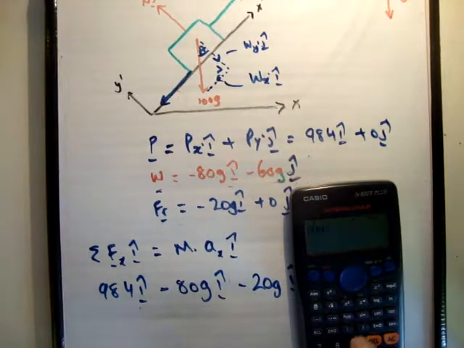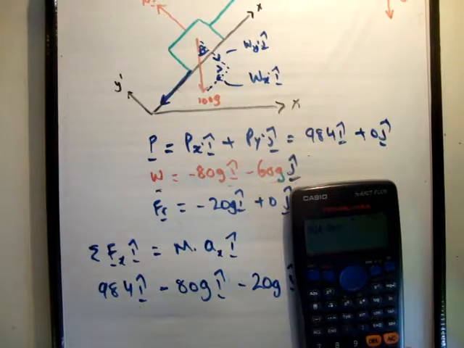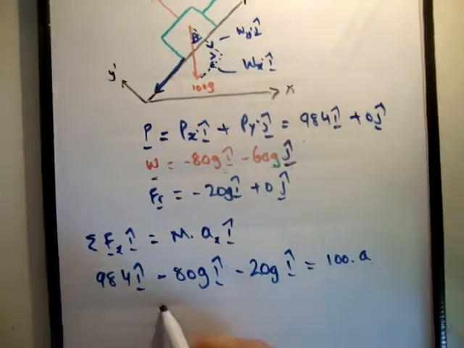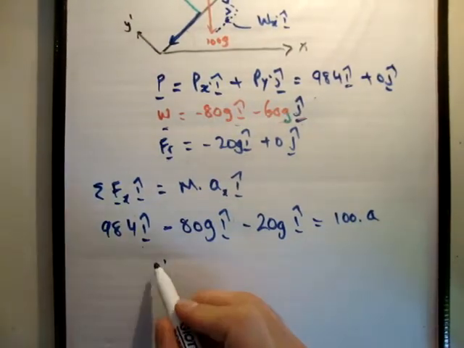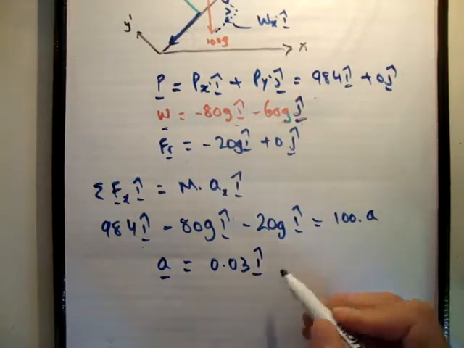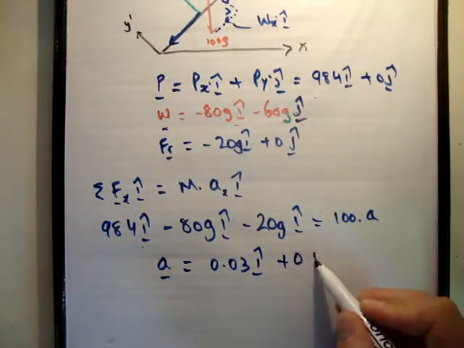So 80 multiplied by 9.81. We need to add to that 20 multiplied by 9.81. And we need to take all of that from 984 and divide it by 100. And we're going to get 0.03. So this time the acceleration vector is equal to 0.03 in the i hat direction plus 0 in the j hat direction.